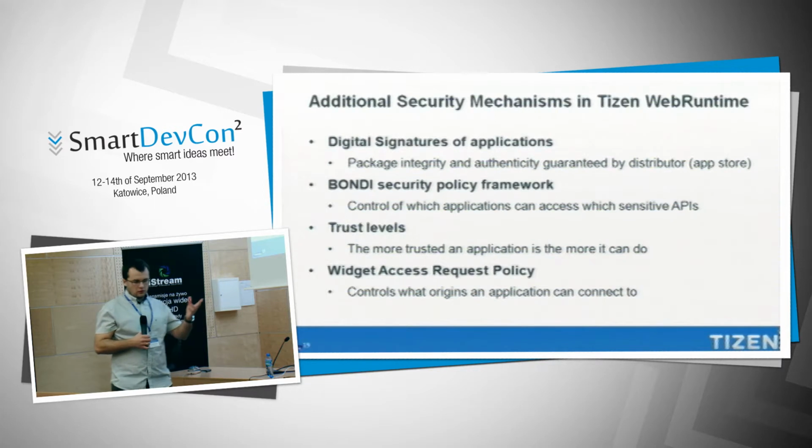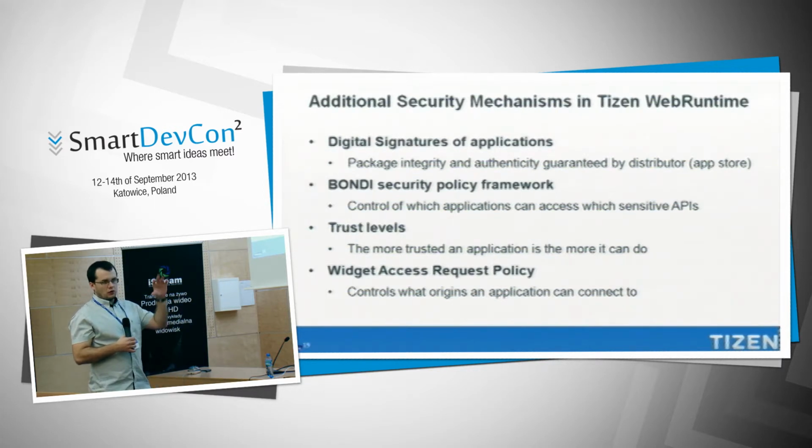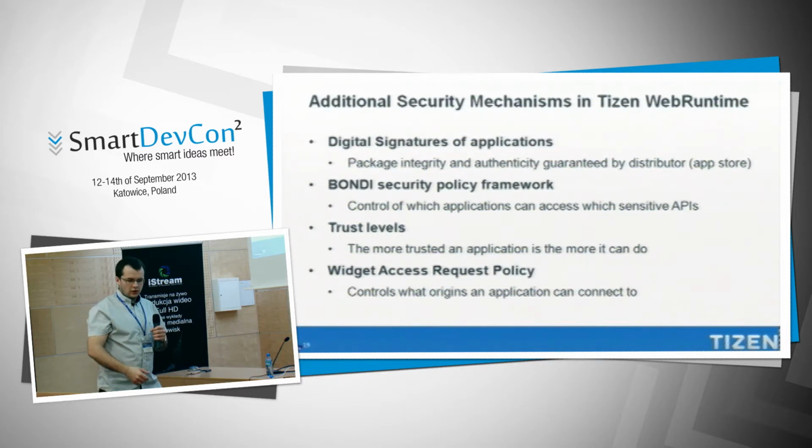Basically, the author or distributor signs all the resources in the package. When installing the application, you are sure that the application was not changed and that the distributor, for example, Samsung App Store, guarantees that the application can be trusted.